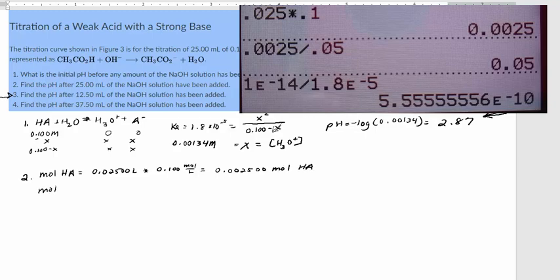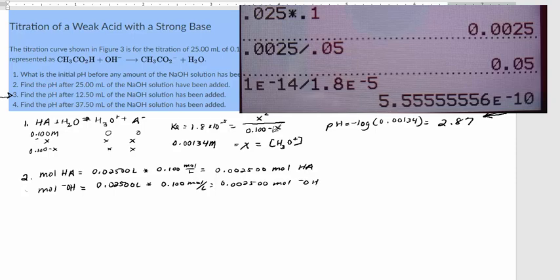Now I need to calculate my moles of base, and this time I'm calculating moles of OH specifically. So that is going to be the volume of hydroxide multiplied by the concentration of hydroxide, and that's also going to be the same value as my moles of acid.